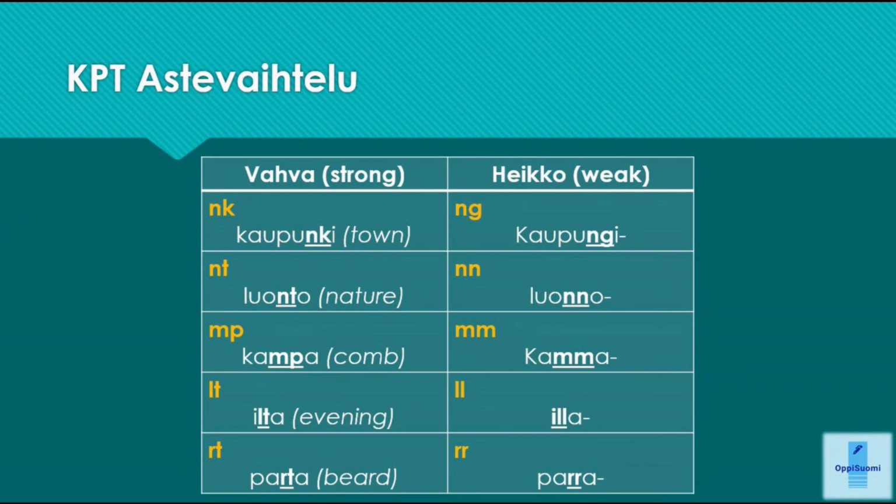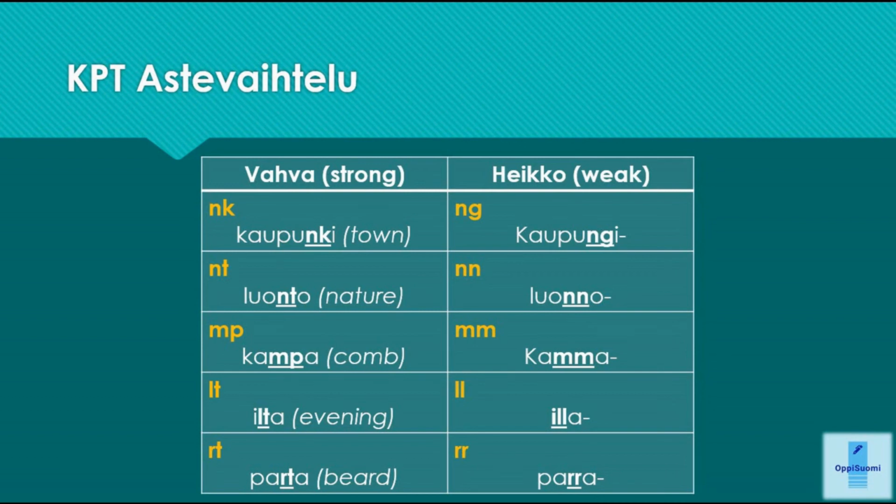Luonto changes into luonnon. So as before, p together with m, it changes into mm. Kampa changes into kamman. So next one is t together with l, it changes into ll. Ilta changes into illan. Next one is t together with r, it changes into rr. Parta changes intoparran.